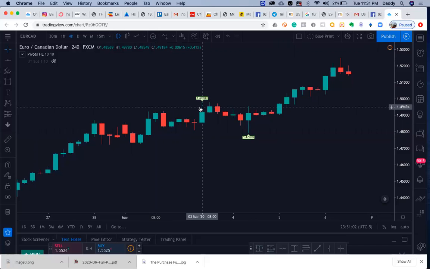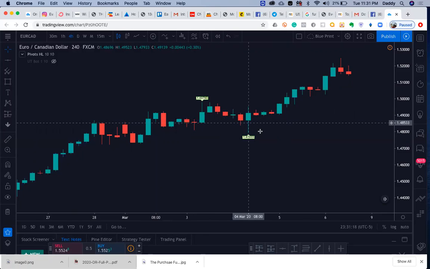Now, everything preceding this candle closed above it. So therefore, this now is the final low. Right now, everything that's preceding this candle is closing above it. This now is a low.